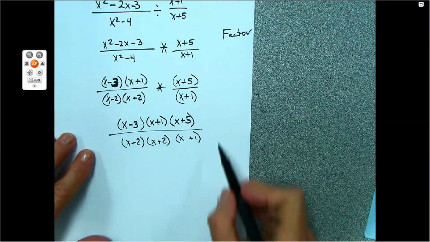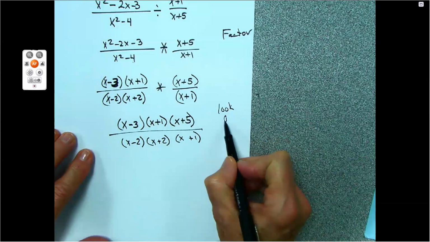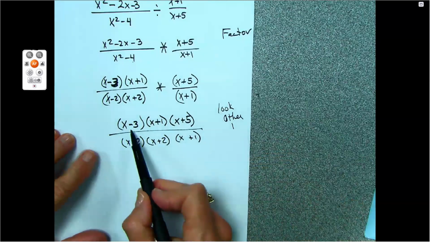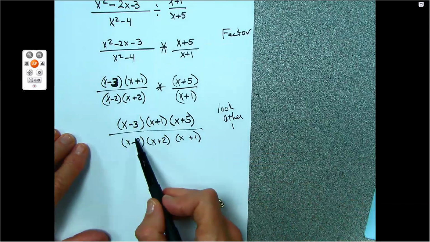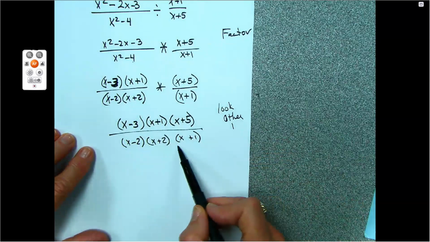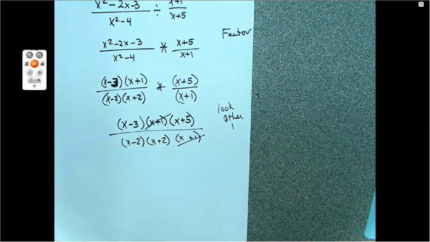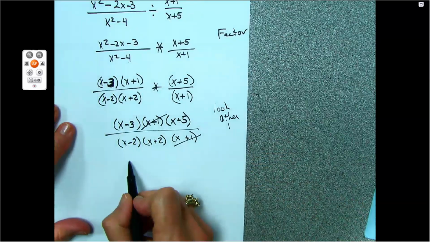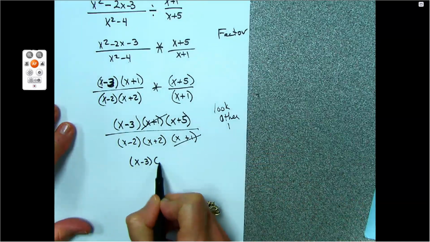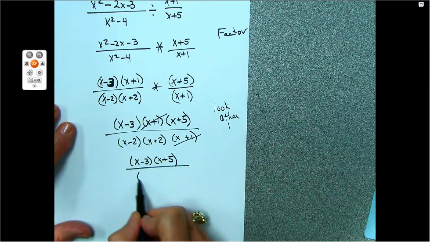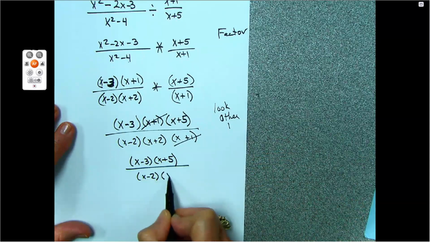So I can look to simplify by looking for other names for 1. X minus 3, x plus 1, x plus 5. Looks like I have left x minus 3 times x plus 5 in the numerator, and in the denominator, x minus 2 times the quantity x plus 2.